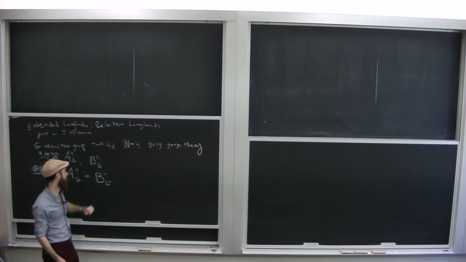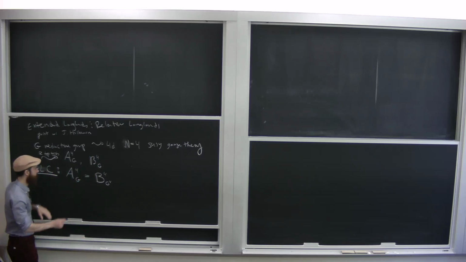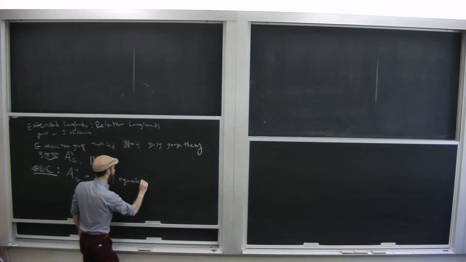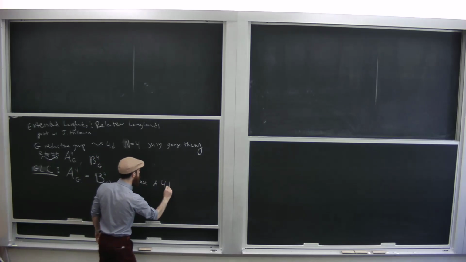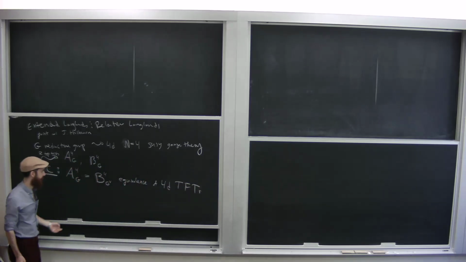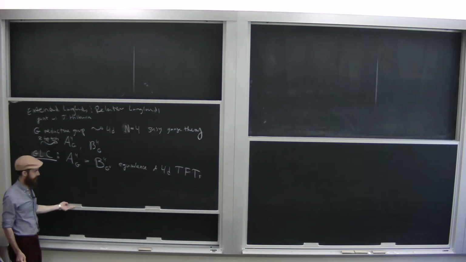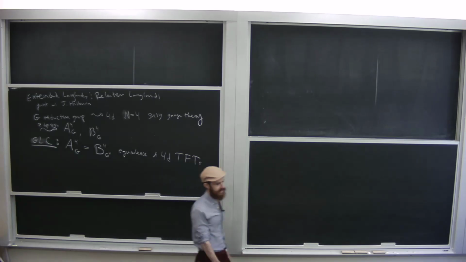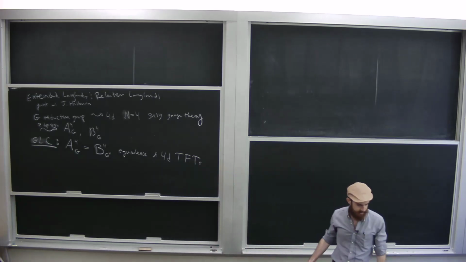But that's maybe too complicated for us to discuss, so I'm restricting to an equivalence of 4-dimensional topological field theories. Okay, so that's the physics background to whatever it is that I'd like to talk about here.